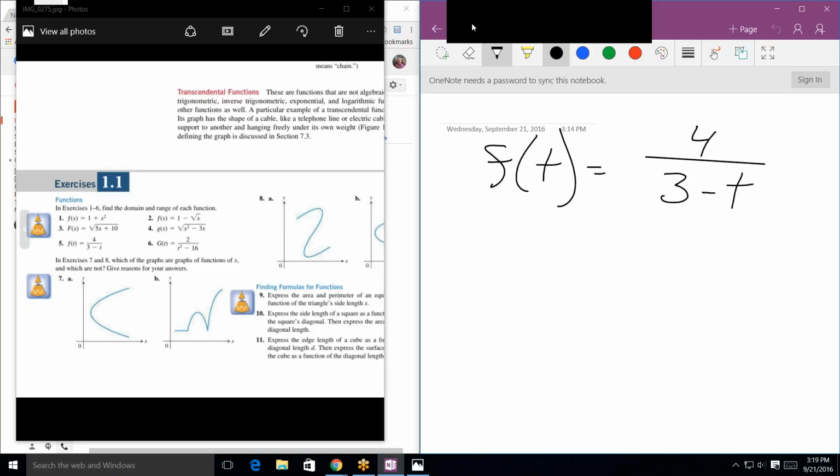This is harder. Figuring out range is always harder than figuring out domain. Domain is relatively simple. You're either not dividing by 0 or you're not taking square roots of negative numbers, and that's about all you have to worry about. But range, you have to think about it a little harder. The one value that f of t cannot be is 0.